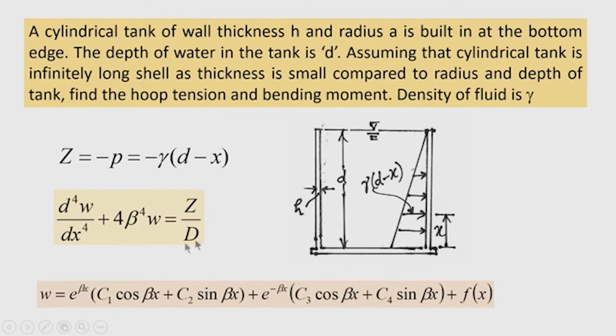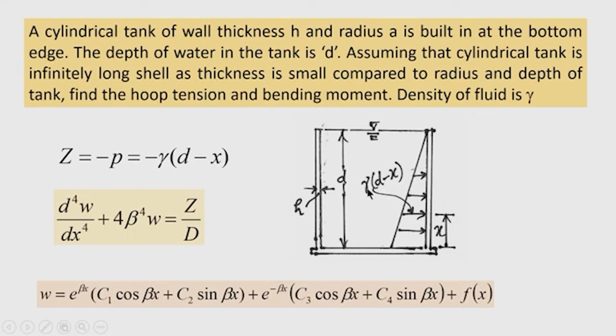So, we proceed with the differential equation d to the power 4 w divided by dx to the power 4 plus 4 beta to the power 4 w equal to z by D, where z is the internal pressure in the tank, and x is measured from the base taken as the reference plane. So, if I take this as the origin, x is measured upward positive. At a distance x, the depth of the water causing the pressure is d minus x.